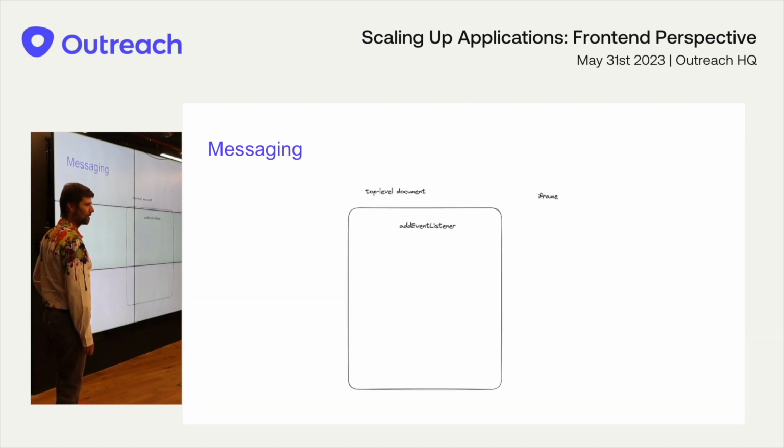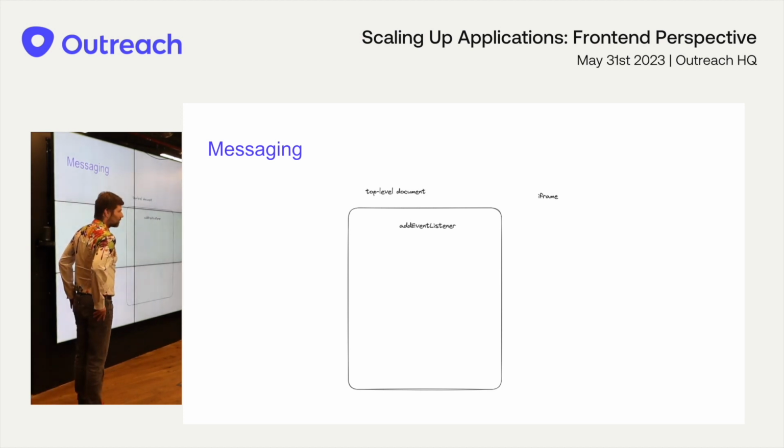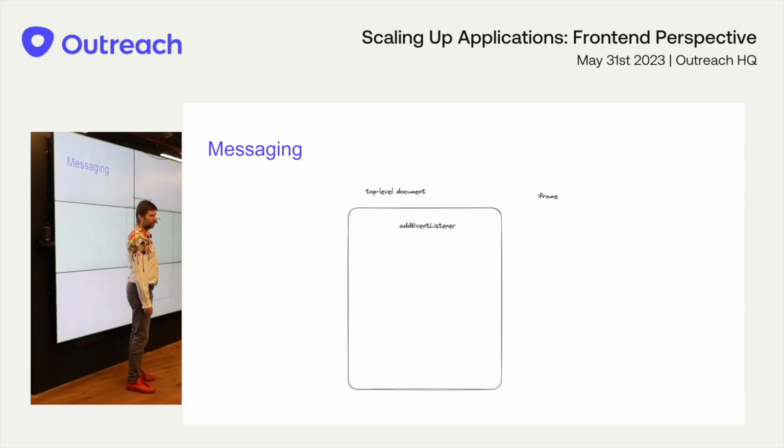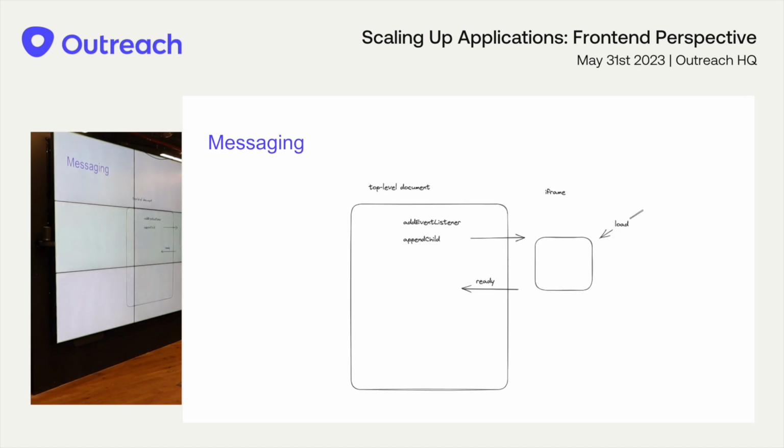And how it works when you have such an iframe in the web app. First of all, if you want to display the iframe, the first thing that you do, you set up a listener for messages from the iframe. This is the very first thing that you need to start with. Then, as a second step, you create the iframe in the page, load it, and when the iframe is loaded, it will let you know, it will send you a message via post message, for example, that the iframe is ready.